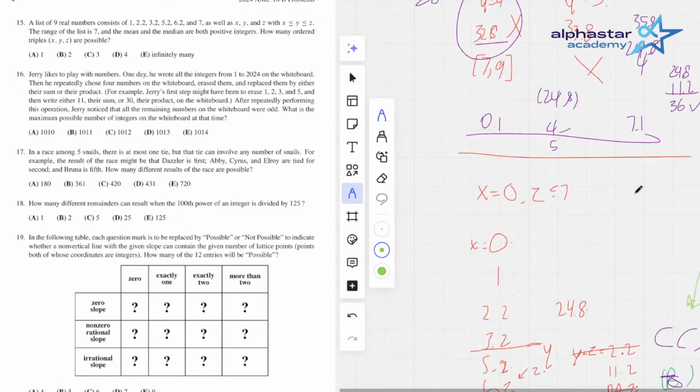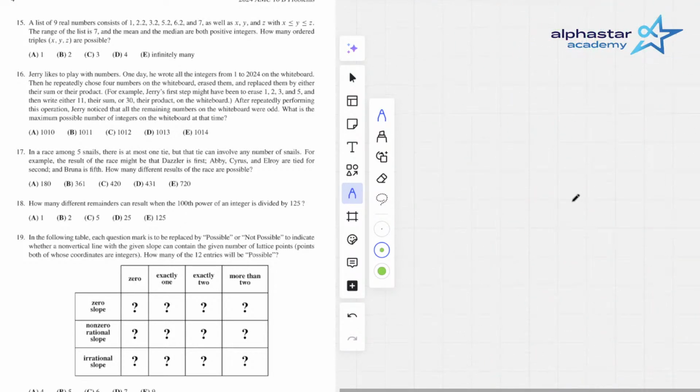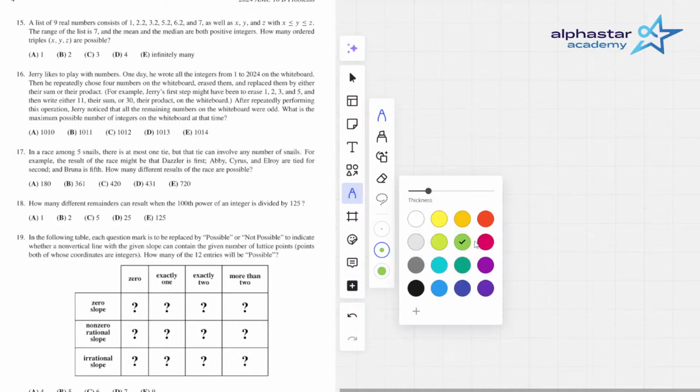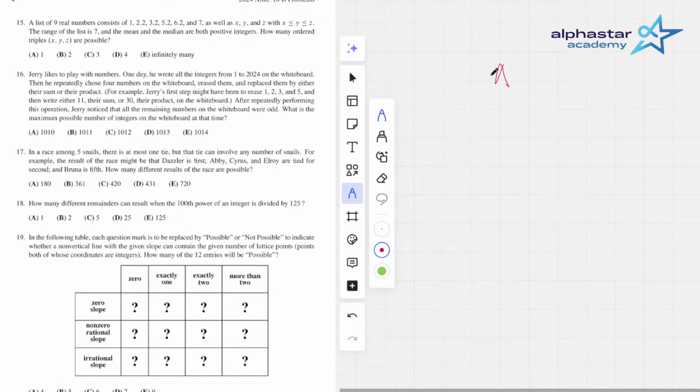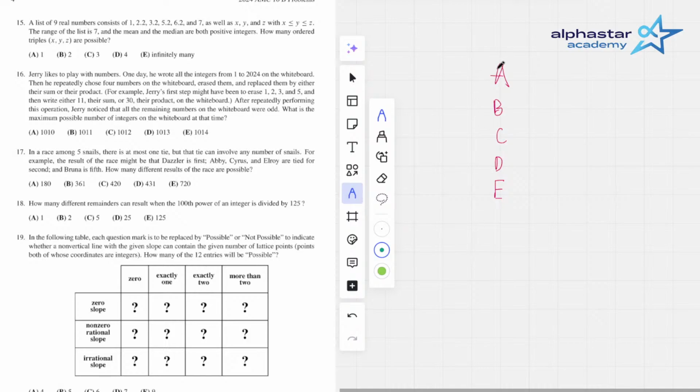Back to number 17. Let me just do some work on the bottom. If we said ties were distinguishable, then it would be equivalent to figuring out the overall placements and then picking a group of consecutive entrants to form the tie. For example, how many ways can there be ties?